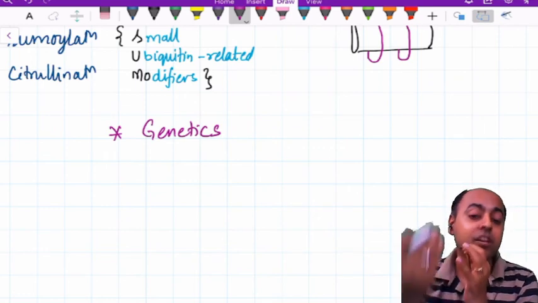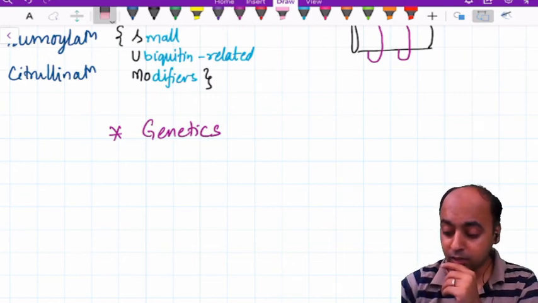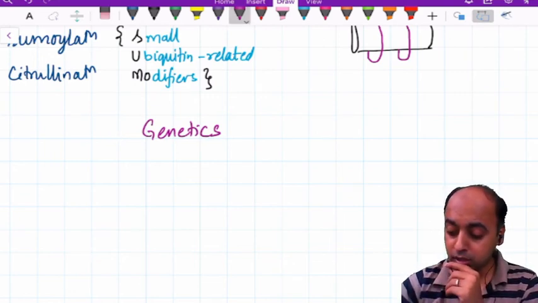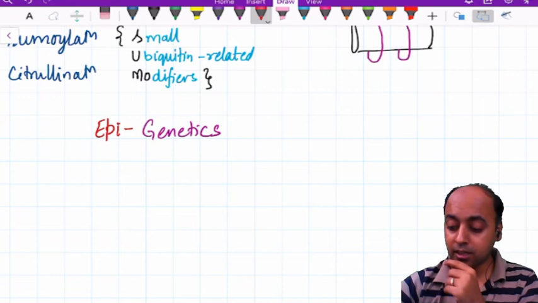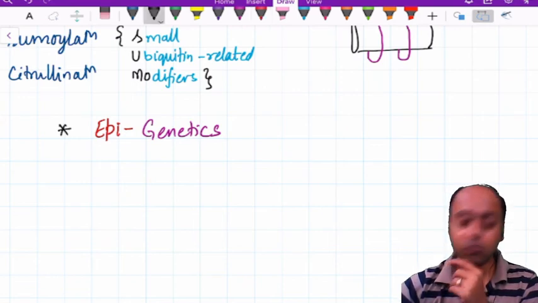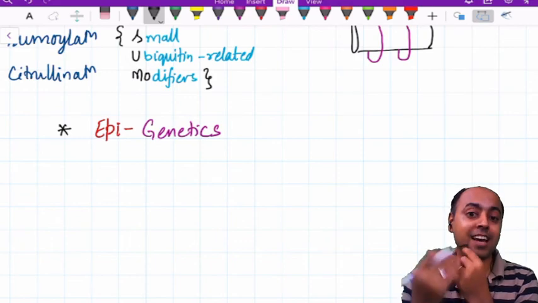It is extra information. It is beyond the genetics. It is over and above the genetics, and that is why the term used is epigenetics. The information conveyed by covalent modification of histones and DNA is called epigenetics.